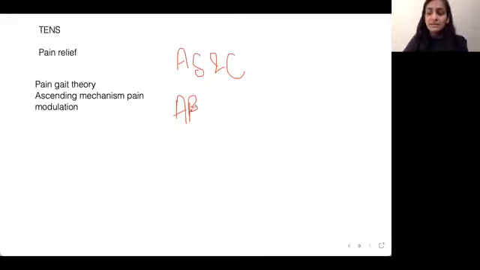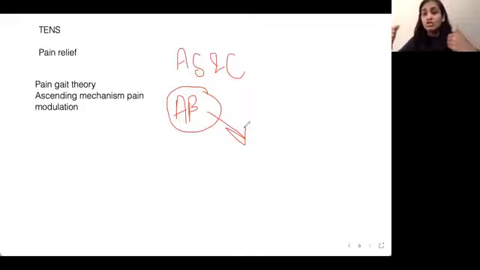Okay, so what happens? Stimulation of these mechanoreceptors. So when you give TENS, what are you stimulating? When you give TENS, you are stimulating the A beta mechanoreceptors. So these, I told you, are big diameter. When someone is bigger and stronger than you, let me give you a better example.